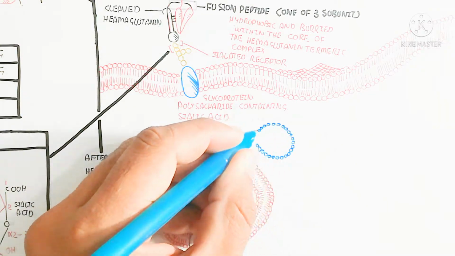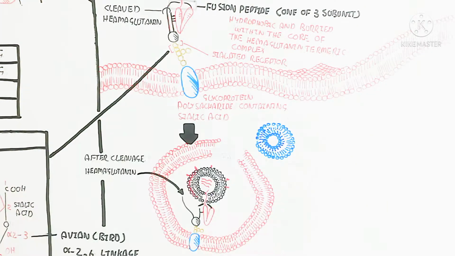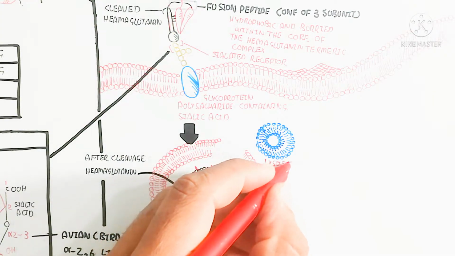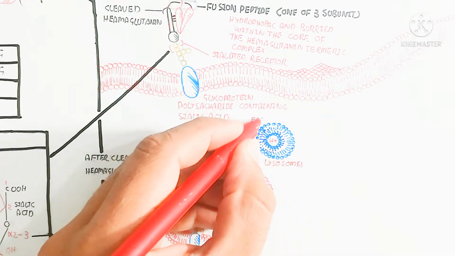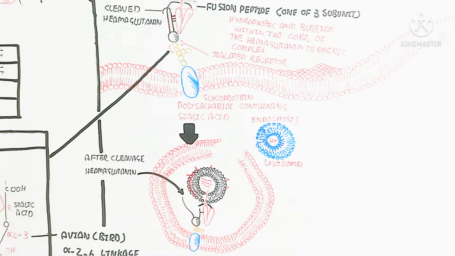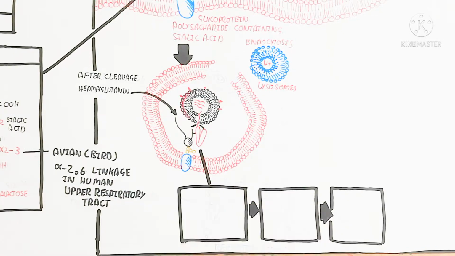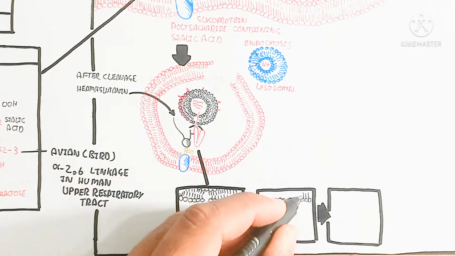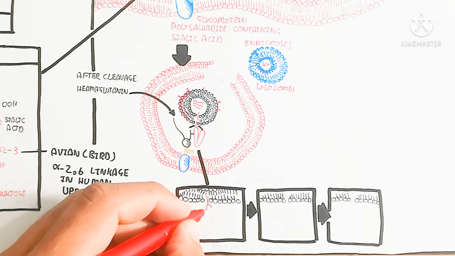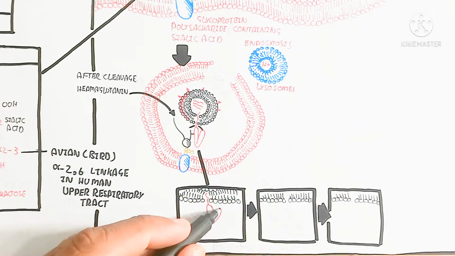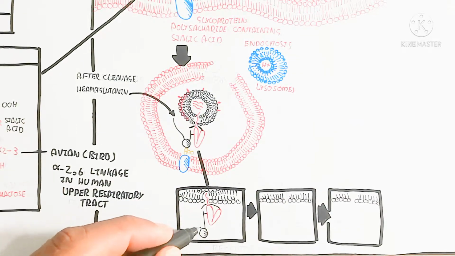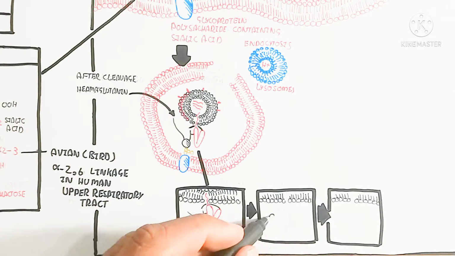After cleavage the hemagglutinin looks like this. Here the blue color is showing the lysosome. The lysosome merges into the endosome, and it contains hydrogen ions, which will increase the acidity and change the pH.